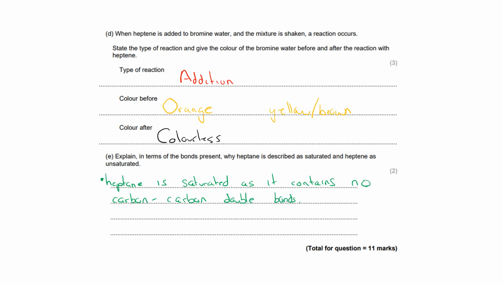You obviously could say the direct opposite of this. You could say that it only contains carbon-carbon single bonds. That is also absolutely fine. They're the same point, just opposites.